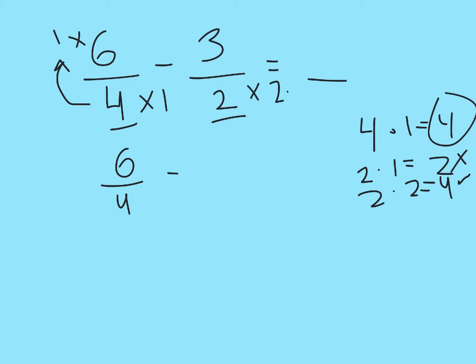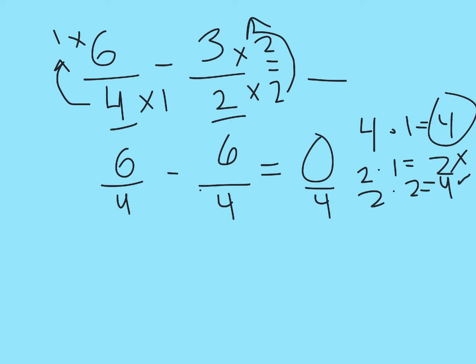Then I'm going to do the same to my numerator. So 3 times 2, 3 times 2 is 6. And this will give me 6 minus 6, which is 0. And then 0/4 equals 0. So let's go to the next problem.